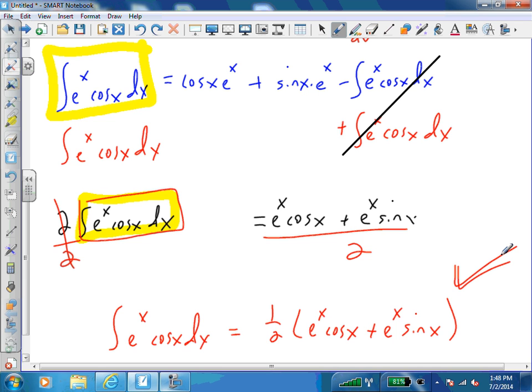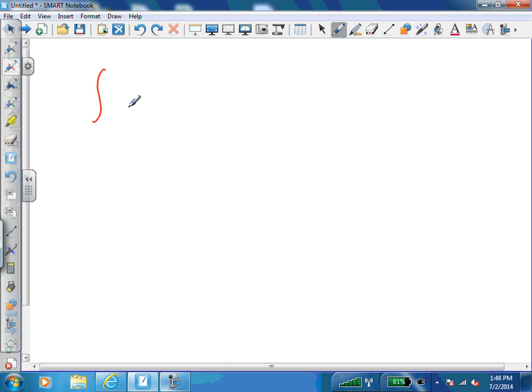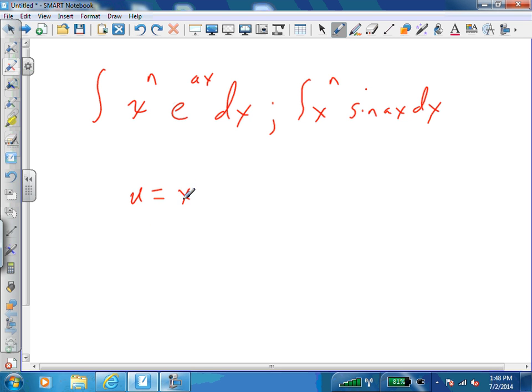On page 520, they kind of give a list of, if you've got integrals of certain forms, what to pick. If we've got integrals with x to a power, e to some power, or x to a power, sine or cosine of something, then we always want to pick our u to be the part that when we take the derivative, it's going to get smaller.